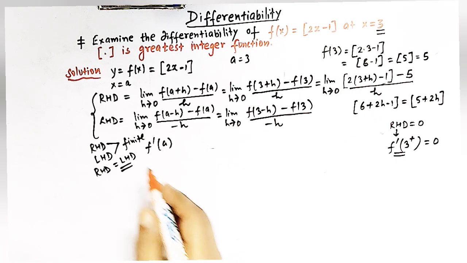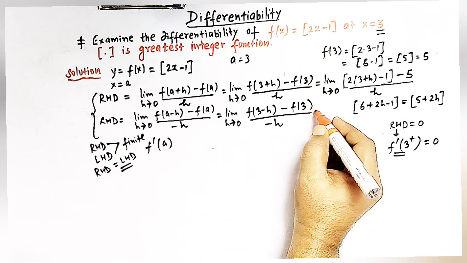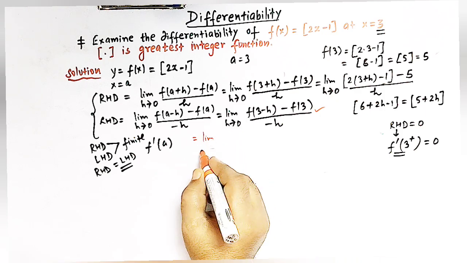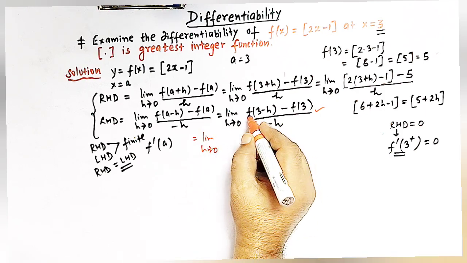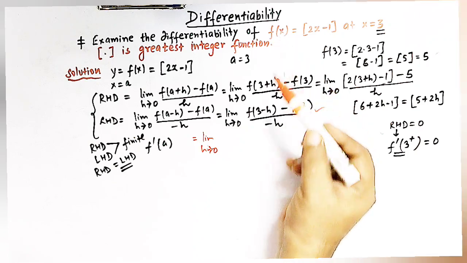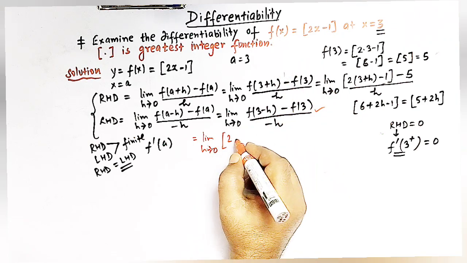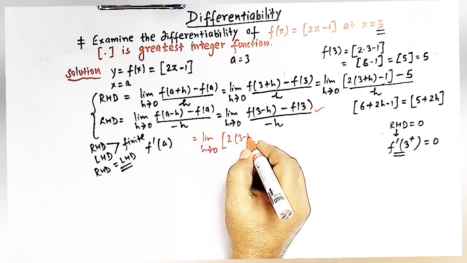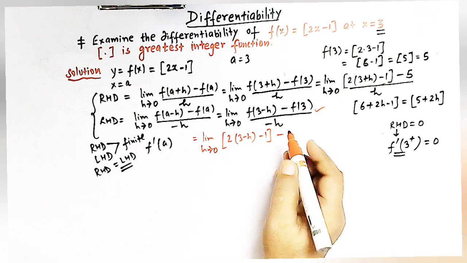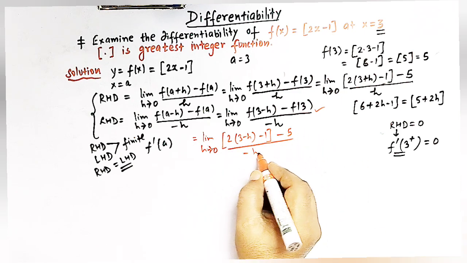So now let us calculate the left hand derivative. The left hand derivative is given by this limit. So here we have limit h tends to 0, and f of 3 minus h can be obtained by replacing x by 3 minus h. So we have greatest integer of 2 times 3 minus h minus 1, and f of 3 is equal to 5, and here we have minus h.